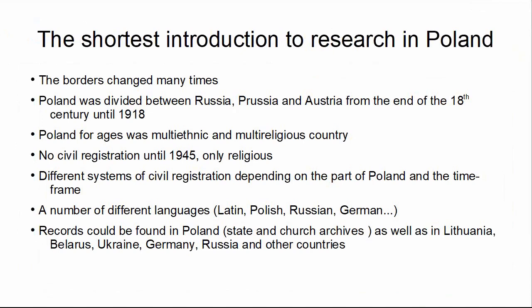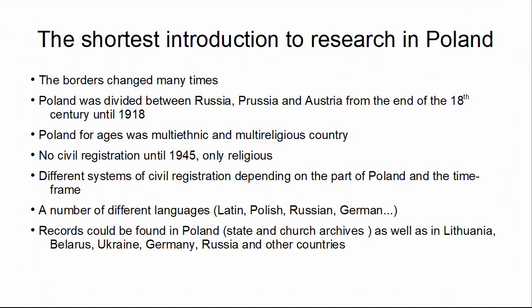Second, the interesting documents can be found in other countries as well, especially in Germany, Ukraine, Lithuania, Belarus, but also Russia, Slovakia, Czechia. So we will look also at what MyHeritage offers for these countries.